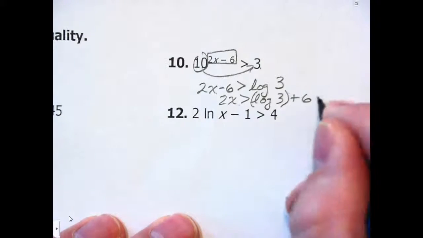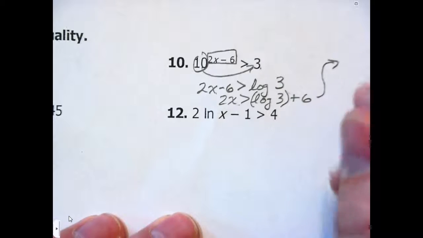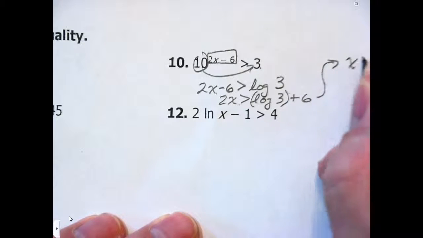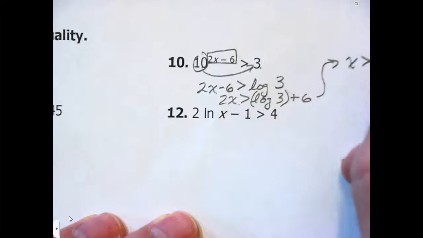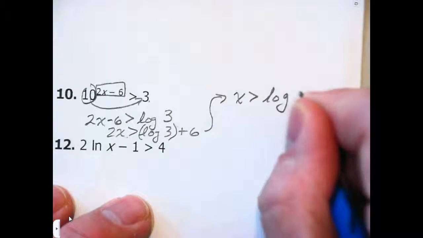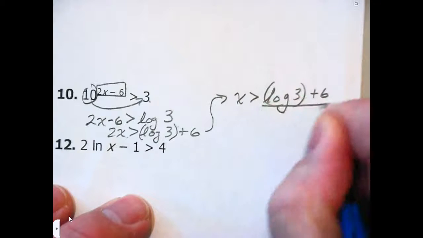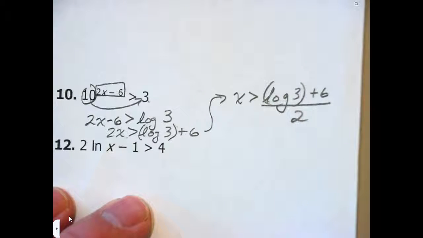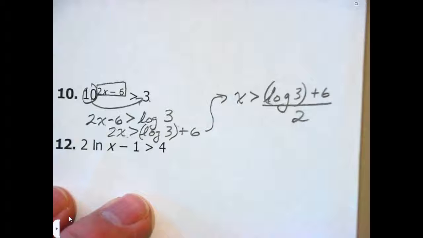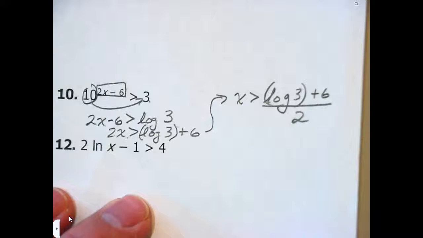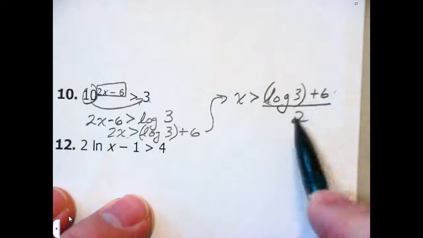Okay, and then when we divide that by 2, I'm going to have to do that up here, but we'll have x is greater than the log of 3 plus 6, all divided by 2. You can't just divide here, right?